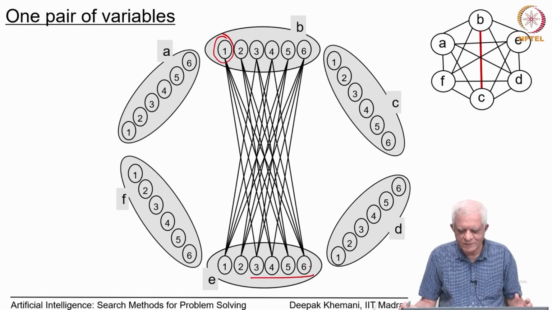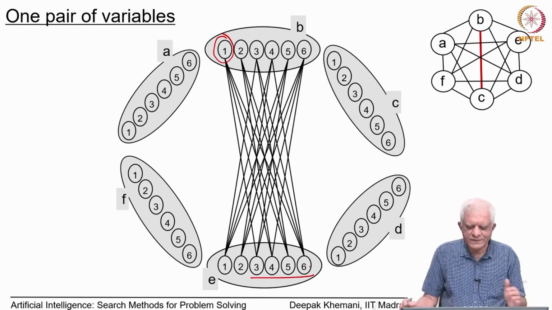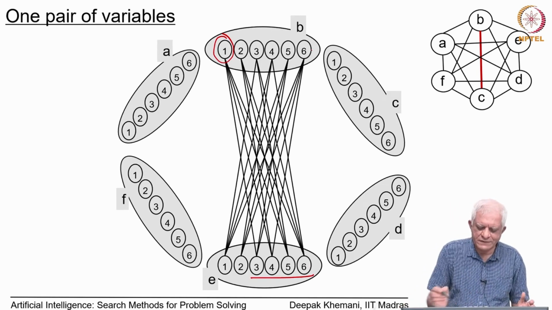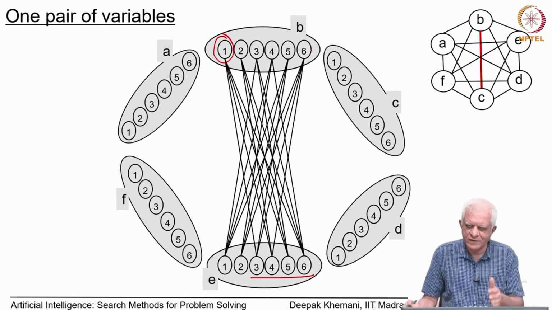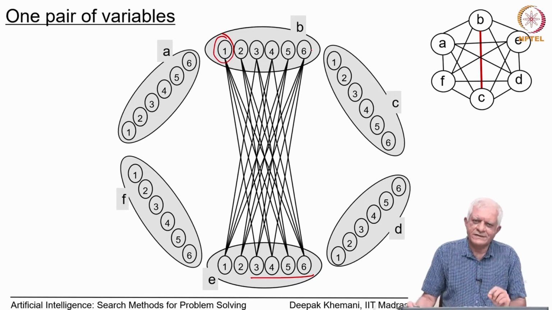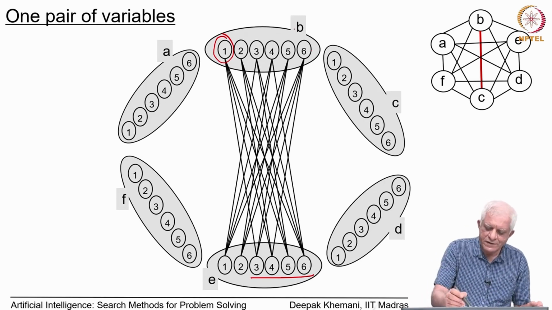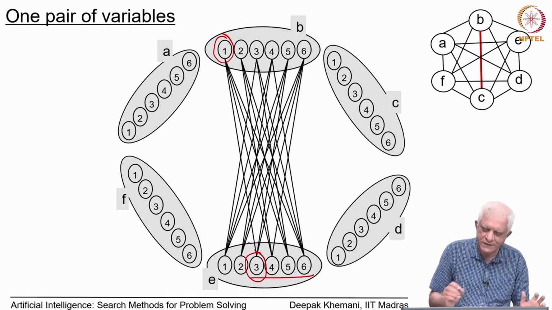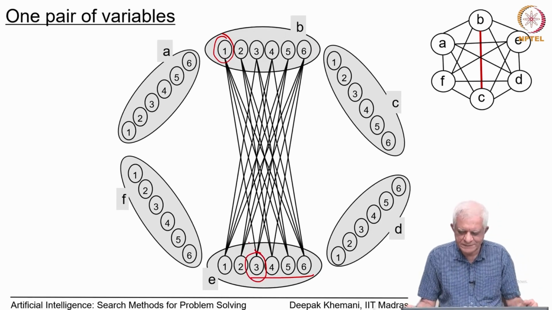And likewise for each value of B, we have a set of values. This matching diagram, if you remember, an edge says that this combination is allowed. You can place queen B on row 1 and you can place queen E on row 3, that is perfectly fine essentially.